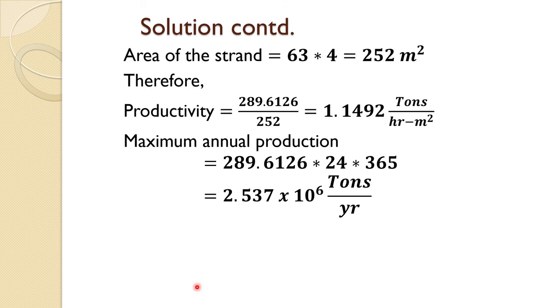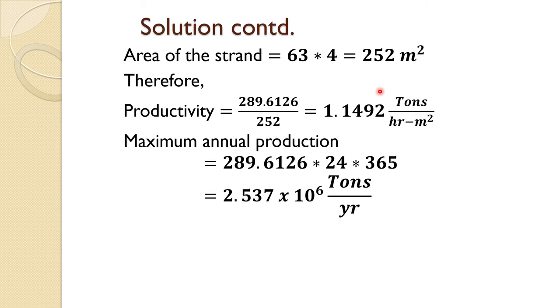And in terms of productivity, we know the sinter strand area, as the length and the width are given. If we divide by this, our sinter product will give you about 1.1 ton per hour per meter square, and that would be the sinter productivity.